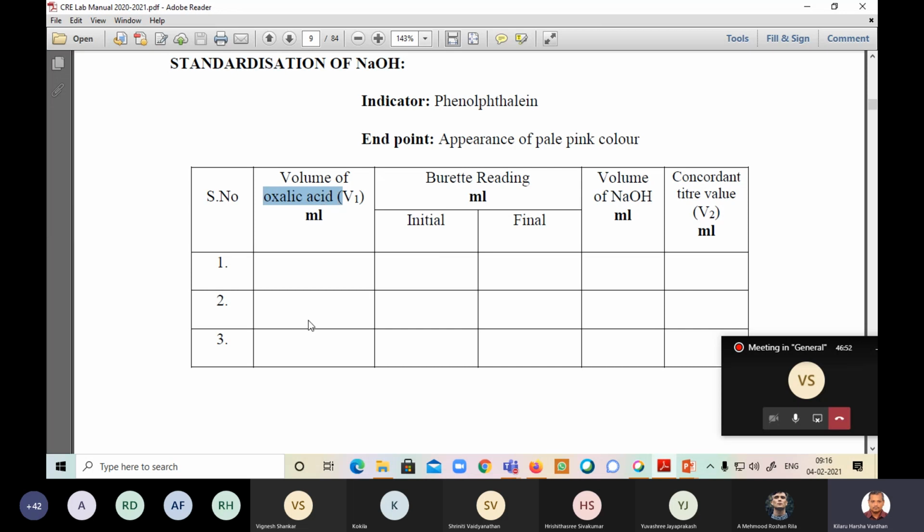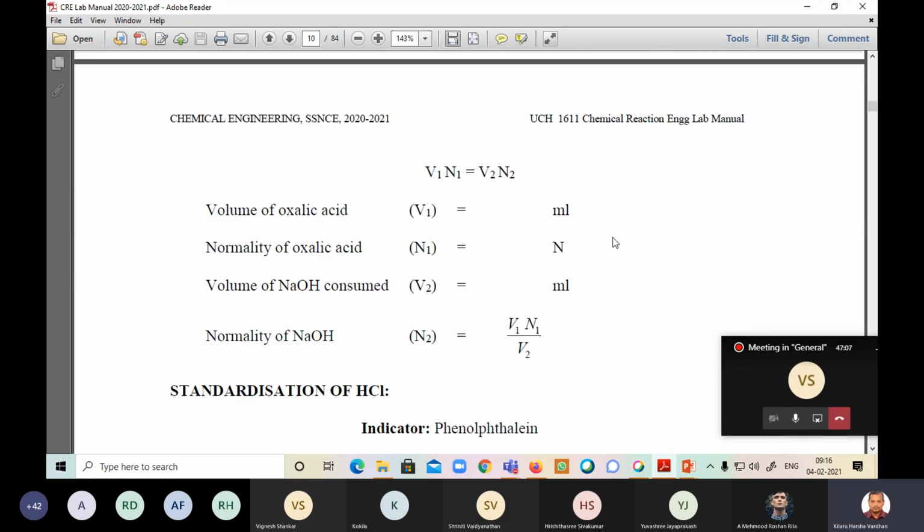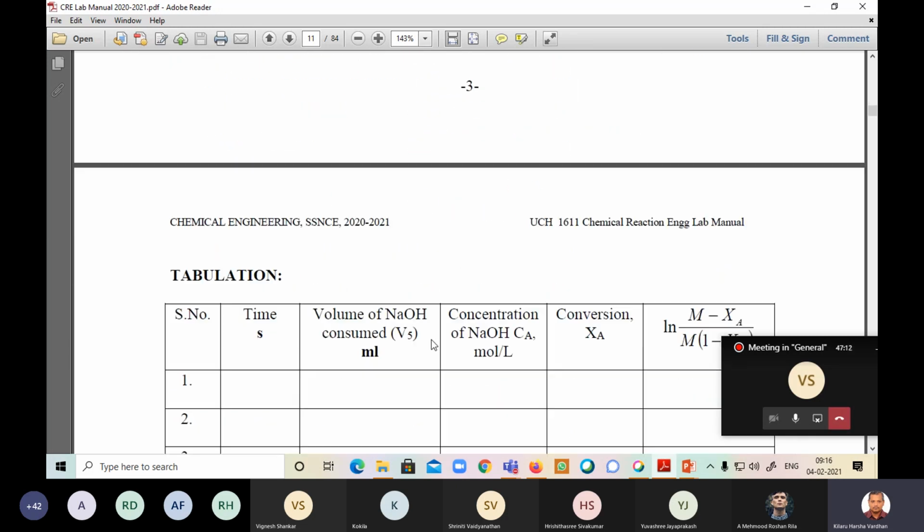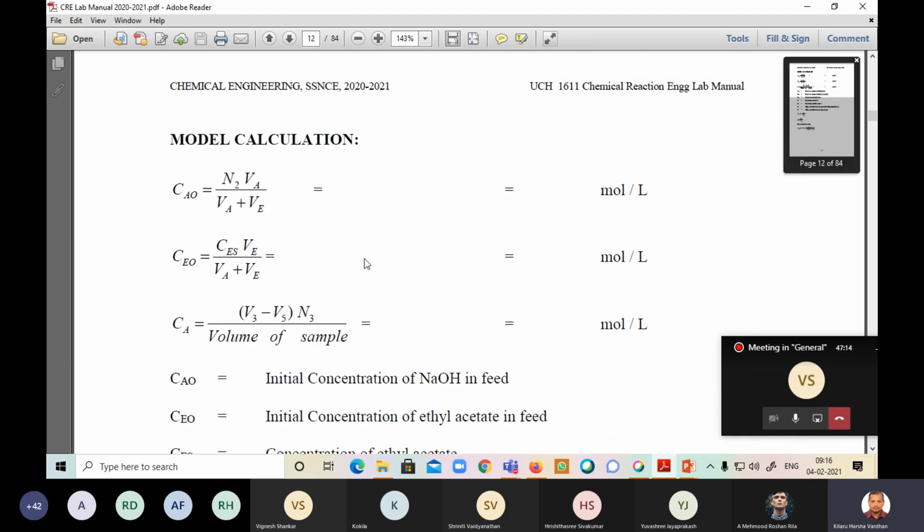Oxalic acid has N1, the normality, and V1 is the volume of the oxalic acid you are standardizing. How much is the volume? That is V2, and N2 is the normality of the NaOH, right? You get that from table 1 and put it here. And VA is the volume of NaOH which you are using, which is 500 ml in your procedure.